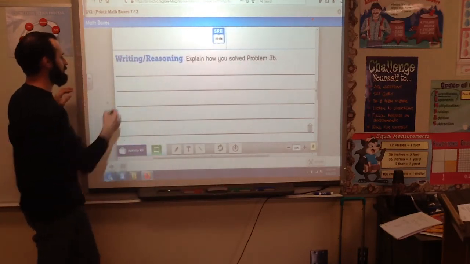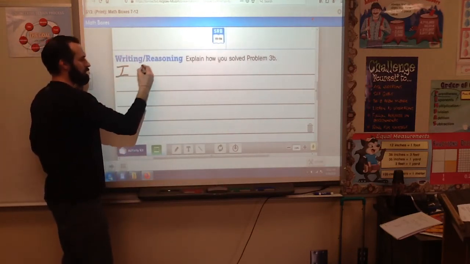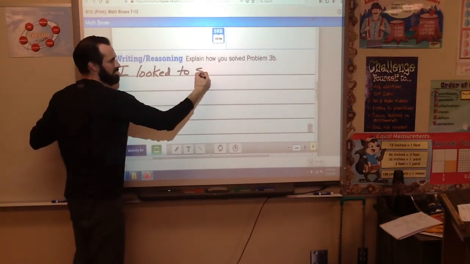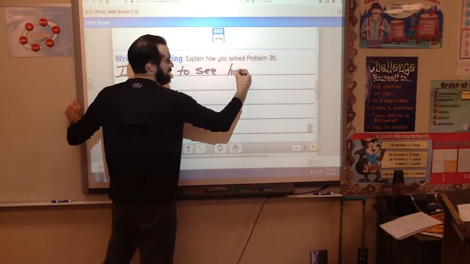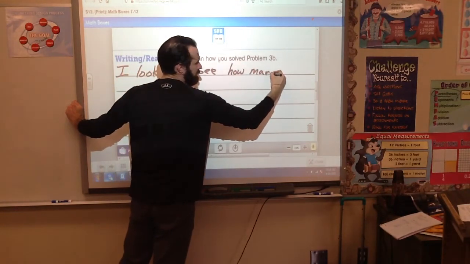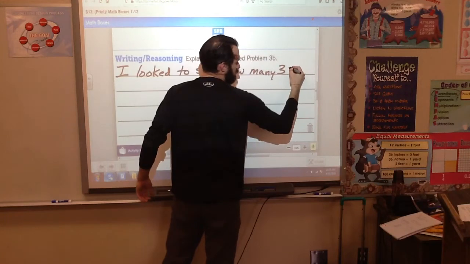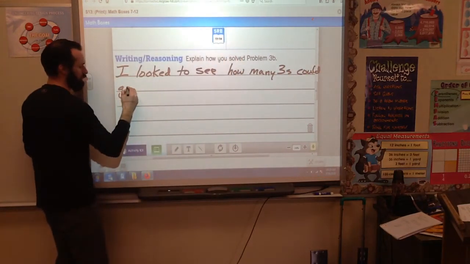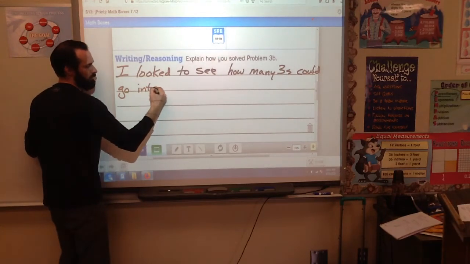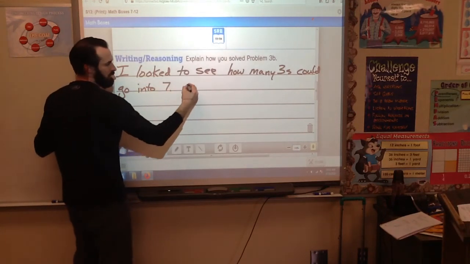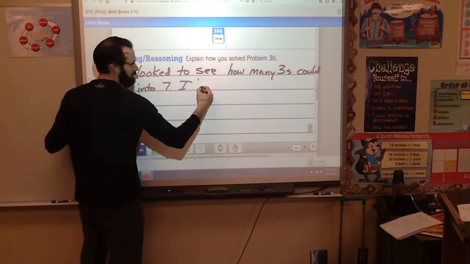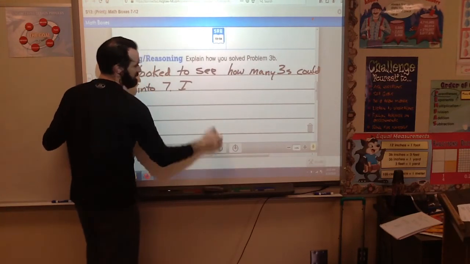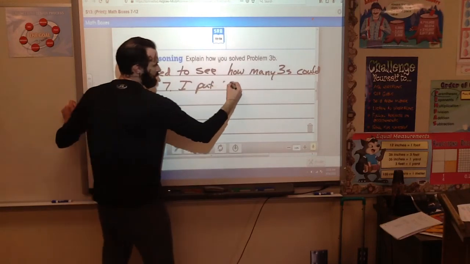I would say something like, I looked to see how many threes could go into 7. I added, or maybe instead of added, put 2.